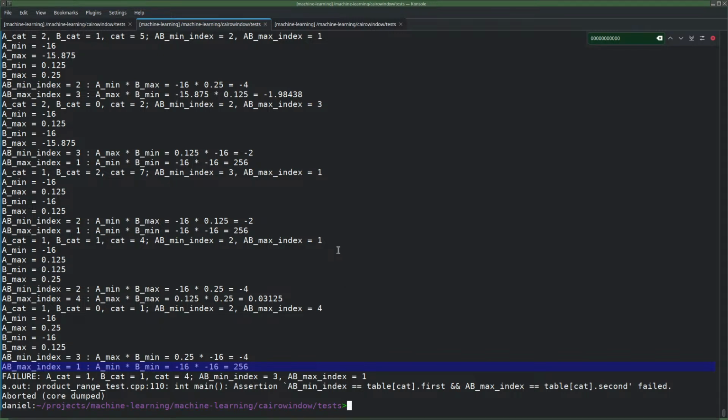Uh-oh. Well, it fails again. Okay, A min is minus 16, max is an eighth, and B is the same range.